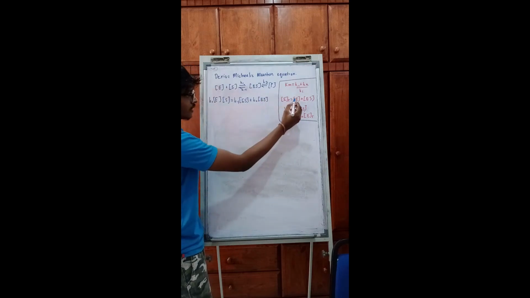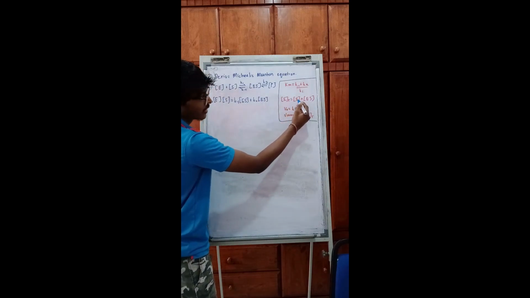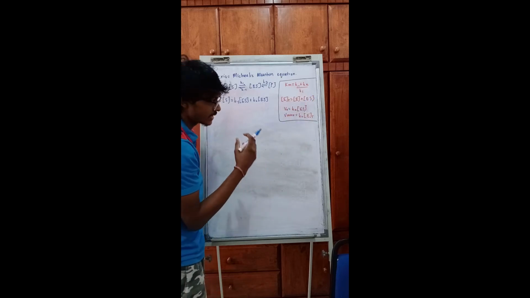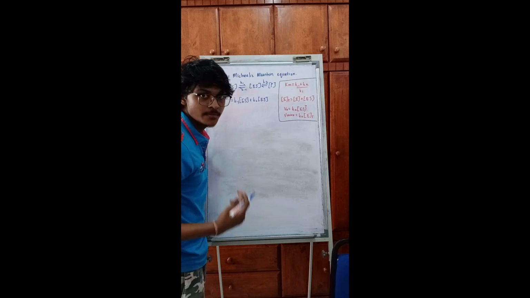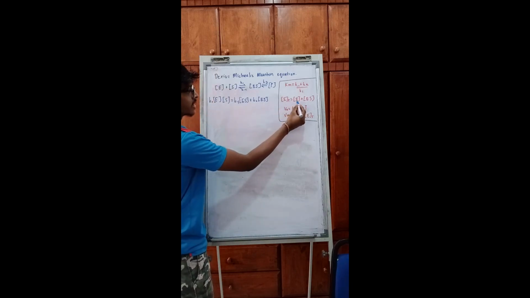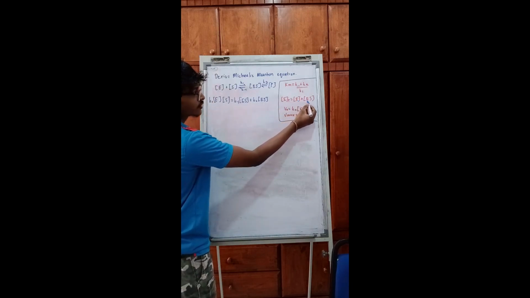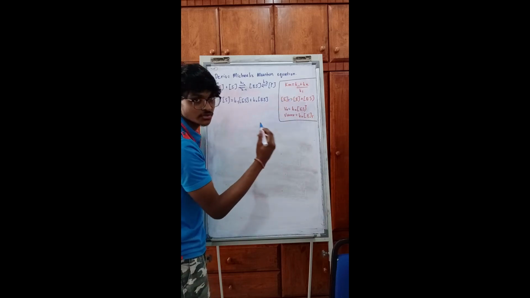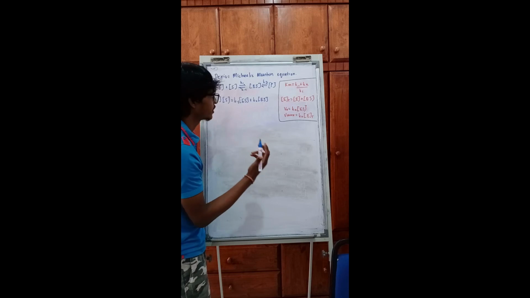So if we make this enzyme concentration the subject, what will be the equation? Enzyme concentration becomes total enzyme concentration minus the concentration of enzyme substrate complex.